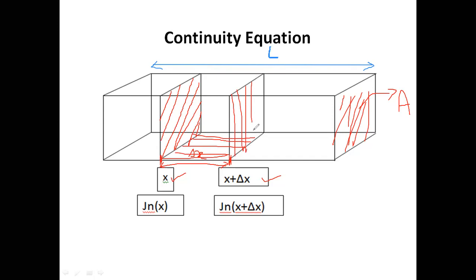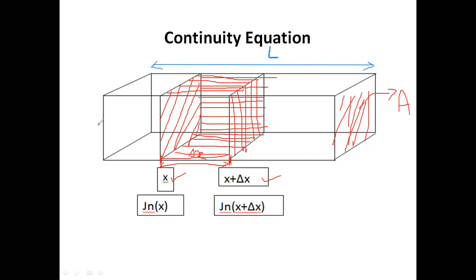In the diagram it looks like a very big box, but for the purpose of understanding I have drawn it like this. In this small box, I want to measure the number of electrons accumulating, or the number of electrons increasing in this box with respect to time.